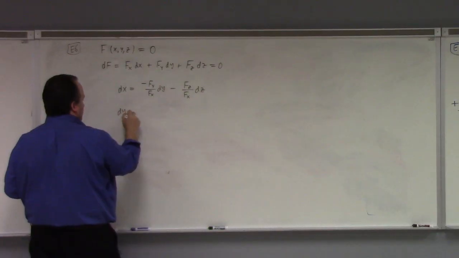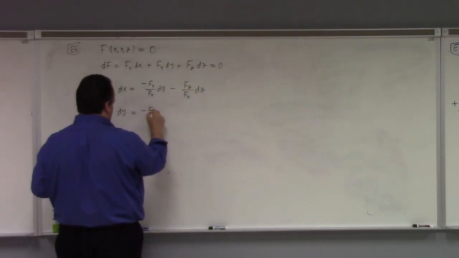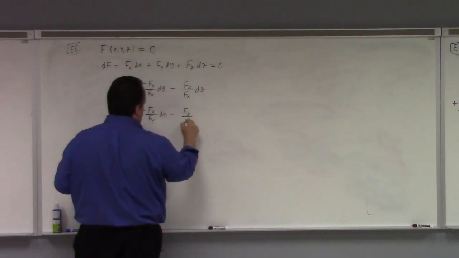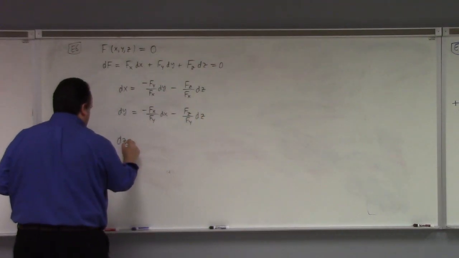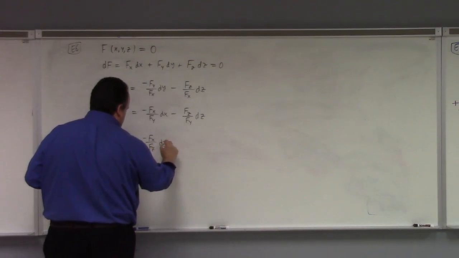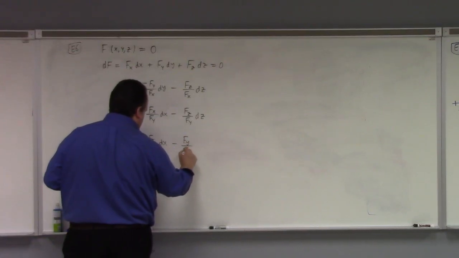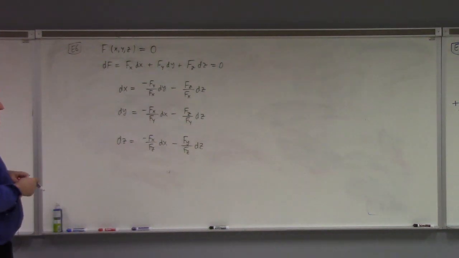I get dy is minus fx over fy dx minus fz over fy dz. And I get dz is minus fx over fz dx minus fy over fz dy, solving this equation up here respectively for dx, dy, and dz.